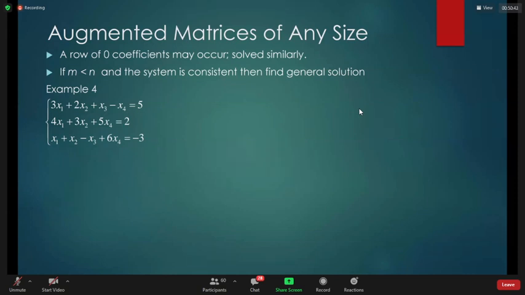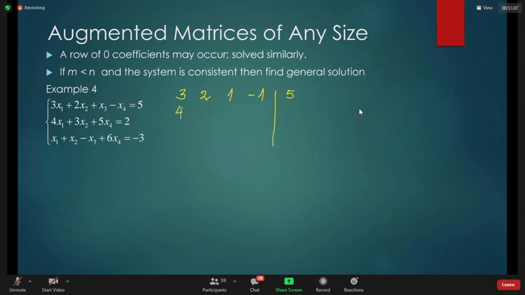So the matrix would be 3, 2, 1, minus 1. Here you see that the variables are denoted by x1, x2, x3, x4, so that we don't have to use too many letters of the alphabet. And the last term is 5, the free coefficient, the free number.